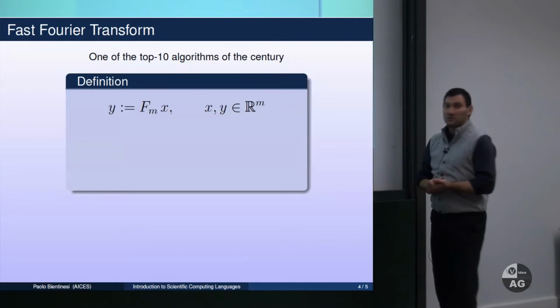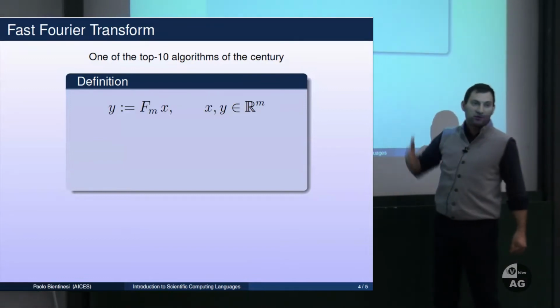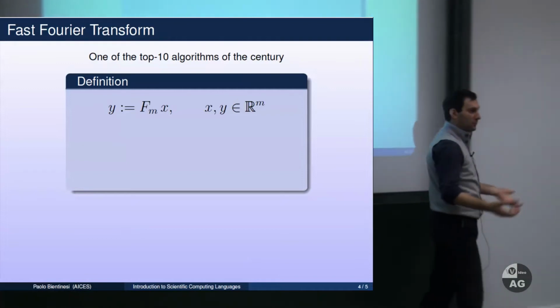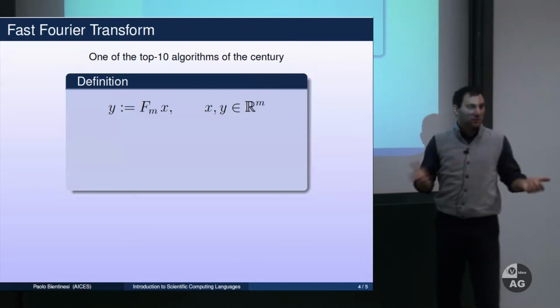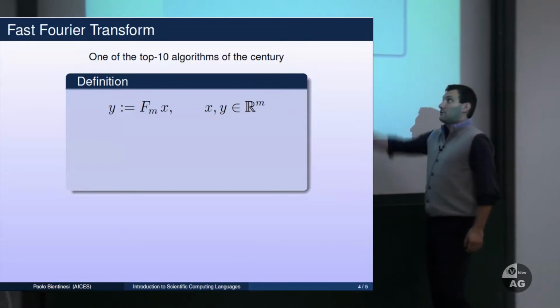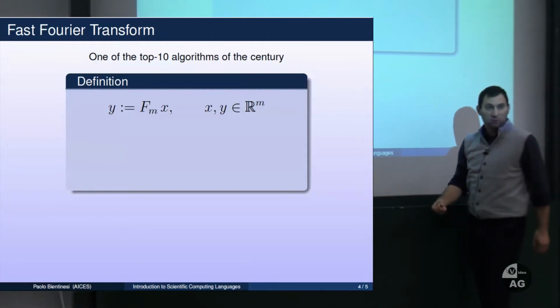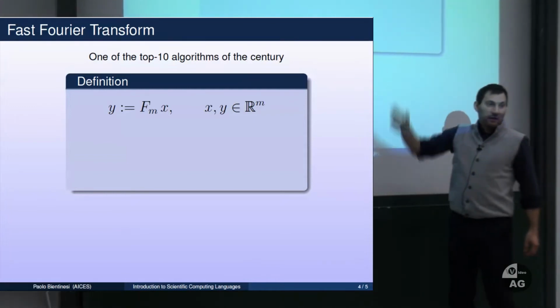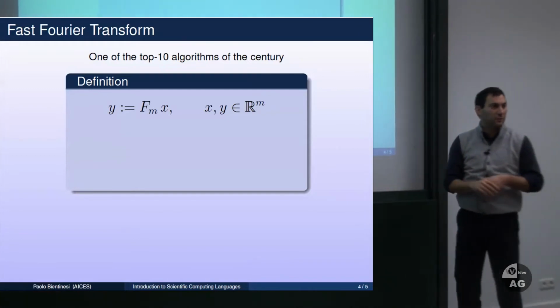So the first question is, if everything that we do is simply a matrix vector multiplication, why do we even bother? We know how to do matrix vector multiplication, so what's the big deal? And the answer is, matrix vector multiplication takes n squared operations, but this matrix here has an immense amount of structure, many, many beautiful properties.